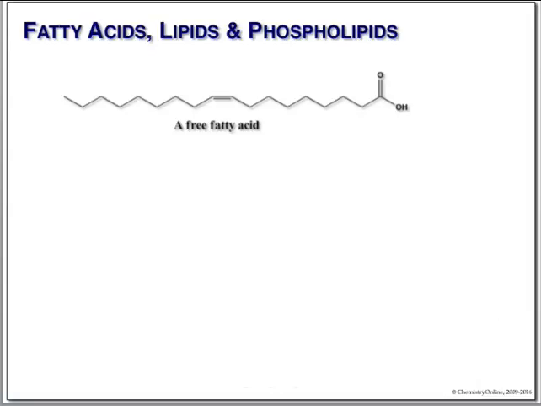The final biomolecule we want to talk about is fat and lipid. All familiar with that? This is a fatty acid. There's our double bond. What's our geometry here? Both on the same side, it's a cis, right?